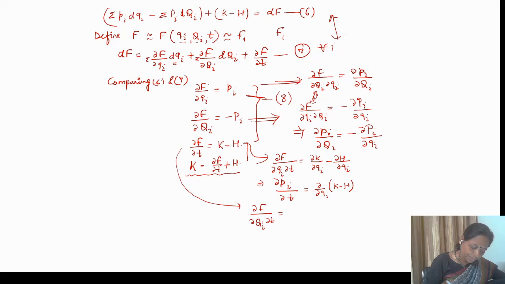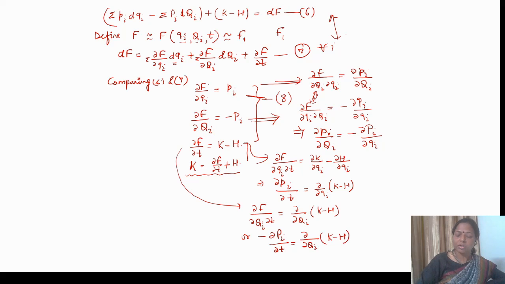Then this will be delta qi k minus h, or minus delta pi delta t is equal to delta qi k minus h. So finally I get these equations: 9, then 10, and then 11. Right?